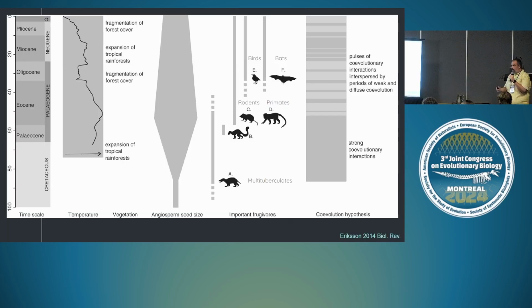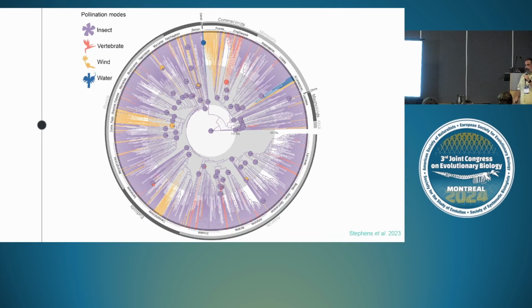And also, as a cause and a consequence of those interactions, many coevolutionary processes have acted, both shaping and being shaped by this diversity of plants over time in multiple different groups, such as different groups of vertebrates over time.